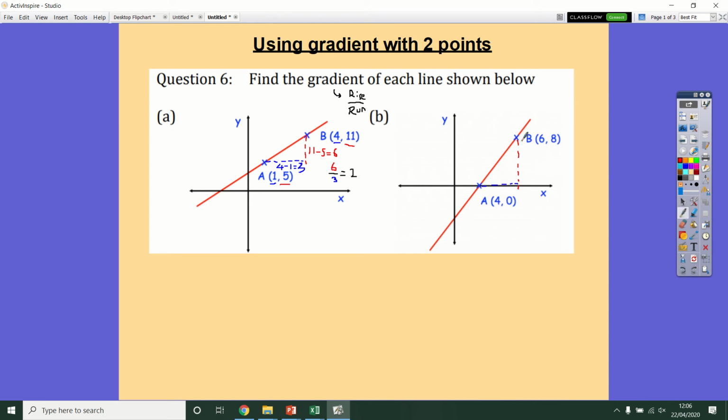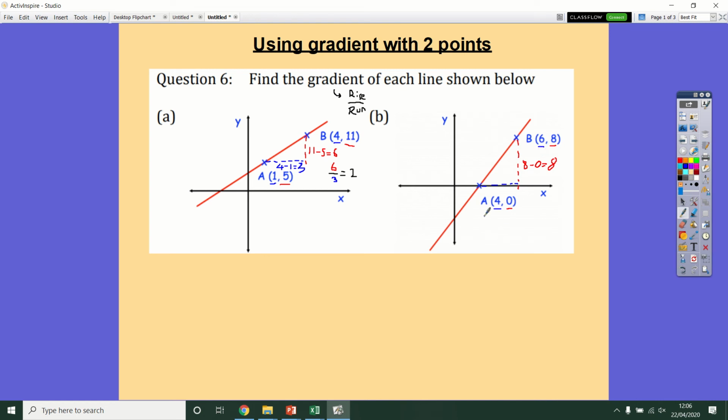Okay, so let's do the rise first. So what are my y values? Okay, so I can find the difference. Well, the y values are 8 and 0. The difference between them is 8 minus 0, which is still just 8. For the run, we need to be looking at the x values, which are here. I'm going to put them in blue.